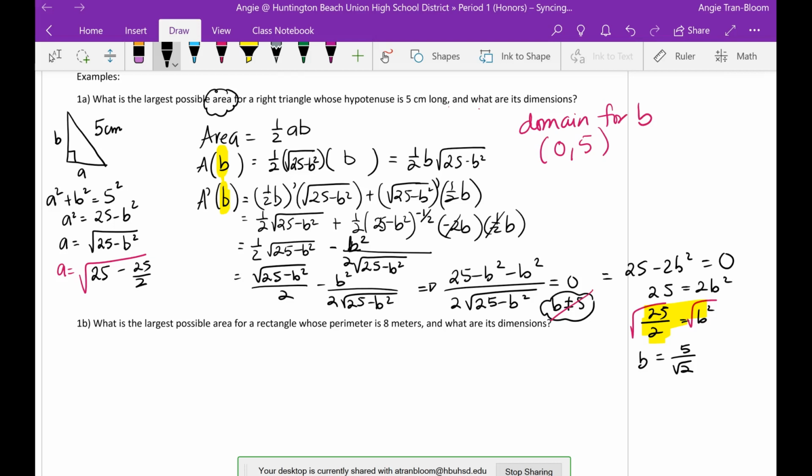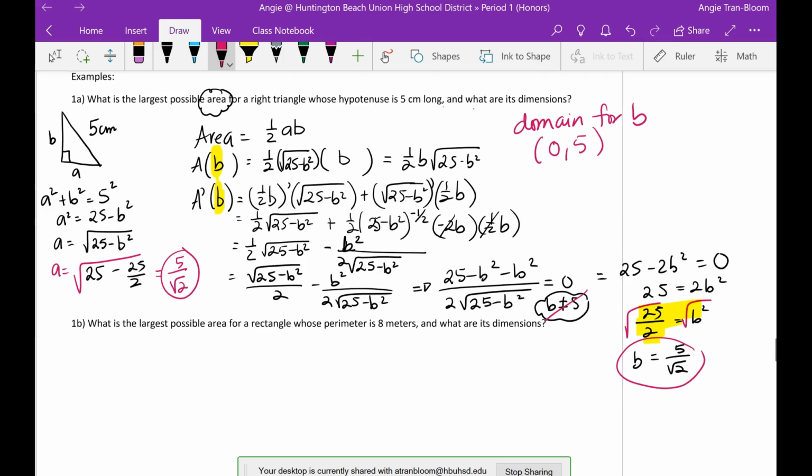What are you guys going to end up with? 5 over rad 2 again. So your dimensions are 5 over rad 2 units, or do they give you measurement? Centimeters by 5 over rad 2 centimeters, and that's your dimension.